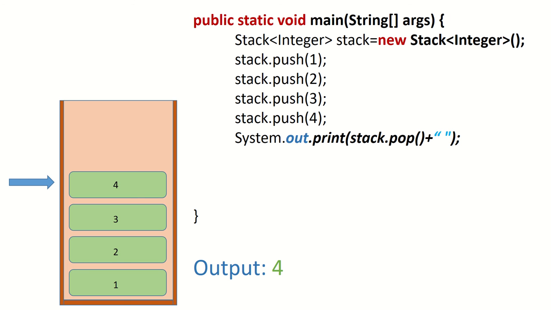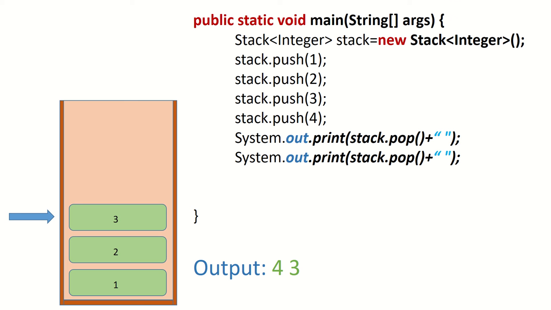Pop will remove the last inserted element, the element which is pointed to by the top pointer, and the same element will be returned by the pop method, and the returned element will be sent as a parameter to the print method, and that will print the output on the screen. So you can see the output is 4. After execution of this pop method, 4 will get removed, top will point to the next last inserted element, and the output is printed as 4.